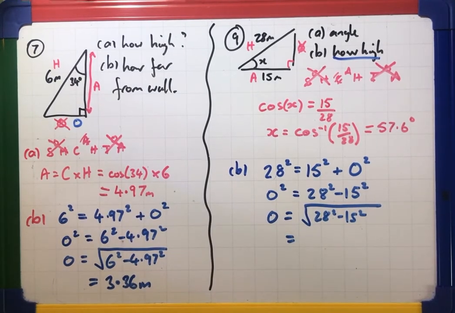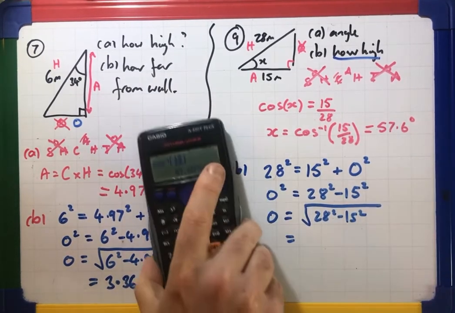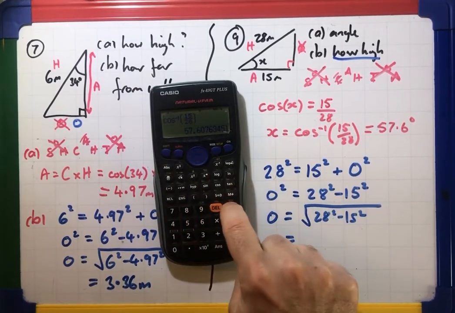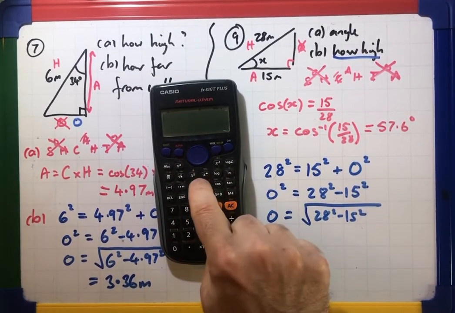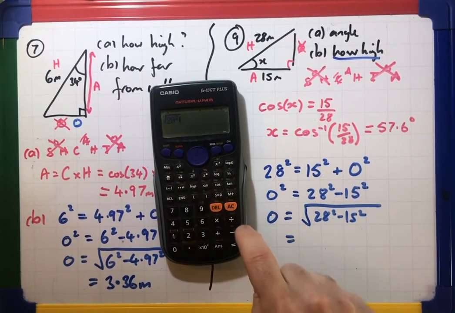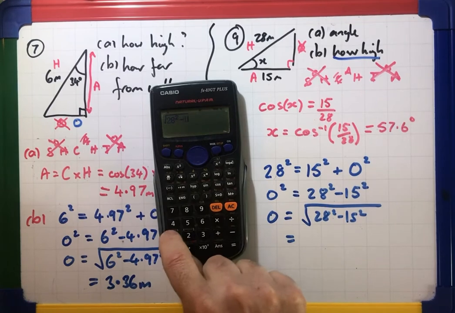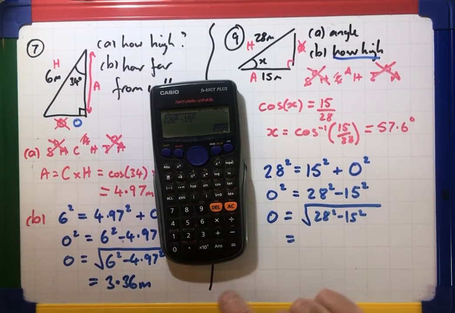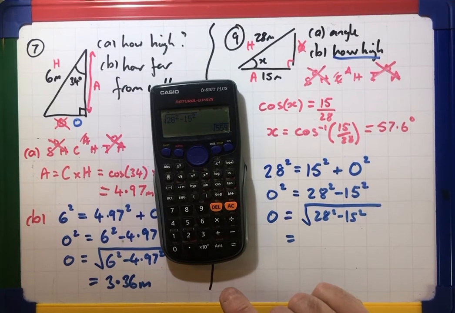At this point, I reach for my trusty calculator again. And we do that. So cancel everything. Do the square root. And it's 28 squared. Use my squared button. Minus 15 squared equals. And it tells me root 559, which is not terribly helpful because I want a decimal.